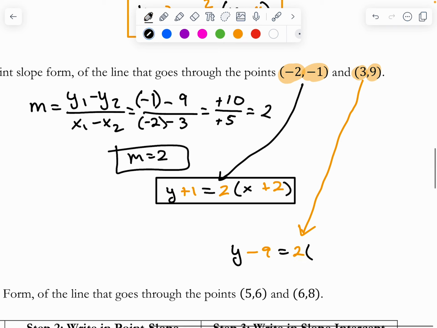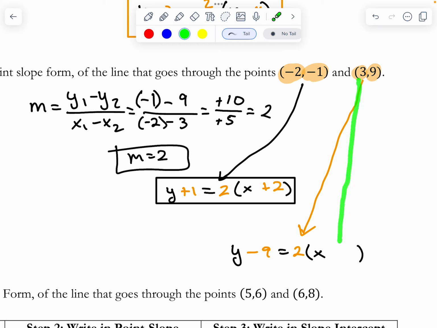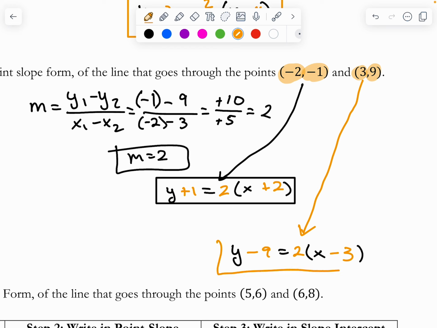At least in this case, it's going to always be 2. And now my x1, well, it looks like for my x1, we've got 3, right? So a positive 3. So we're going to write -3. And we are done. Look at that. Ain't nothing to it.